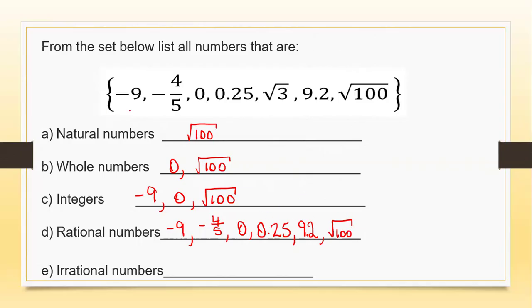Irrational numbers. There's just one irrational number, that would be the square root of 3. This is a number that cannot be written as a fraction.